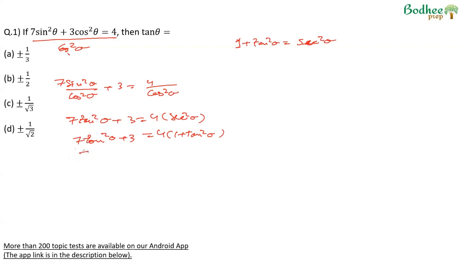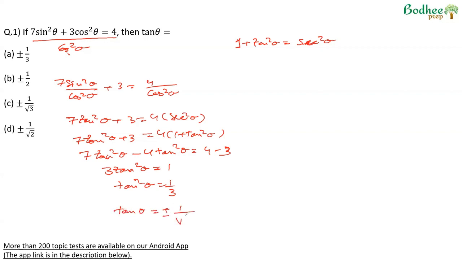Taking tan theta terms on one side and constants on the other side, 7 tan square theta minus 4 tan square theta is equal to 4 minus 3, which further means 3 tan square theta is equal to 1, or tan square theta is equal to 1 by 3. Taking the root, therefore, tan theta will be plus minus 1 by root 3. Option C becomes my answer.